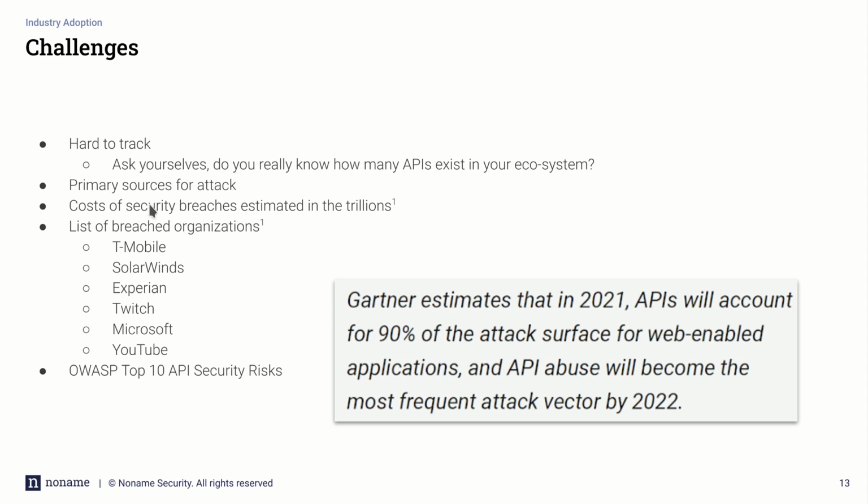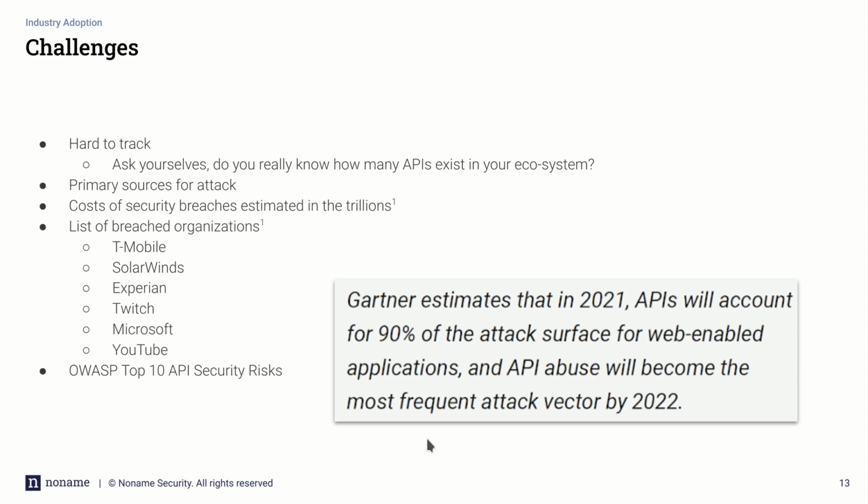APIs nowadays became the primary source for attack. I like this screenshot and I like that it's dated. This screenshot was taken at the end of 2021, and that was Gartner estimating that in 2021, APIs will account for 90% of attack surface for web-enabled applications and API abuse.